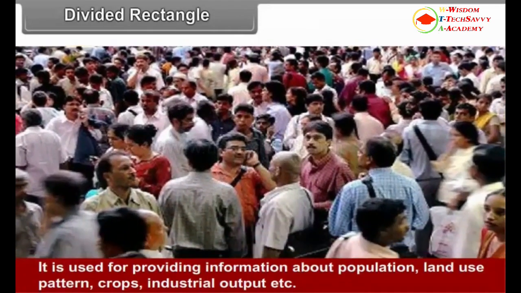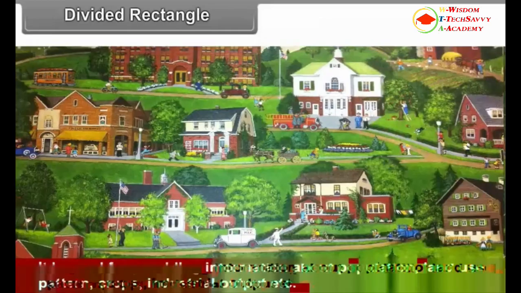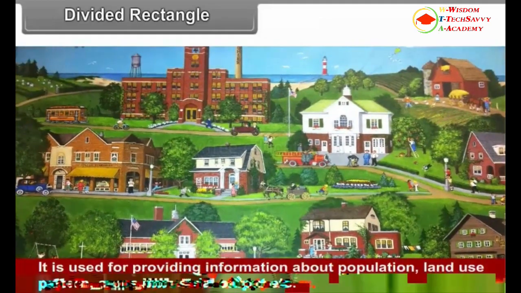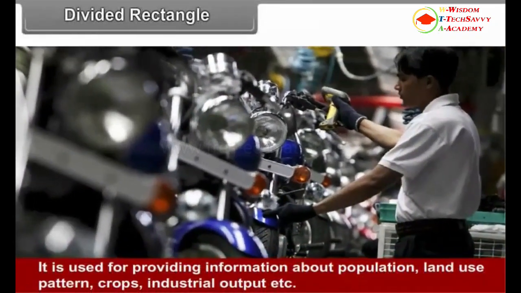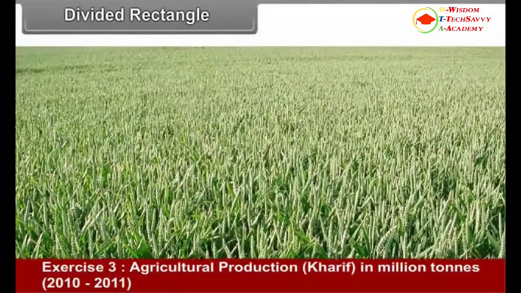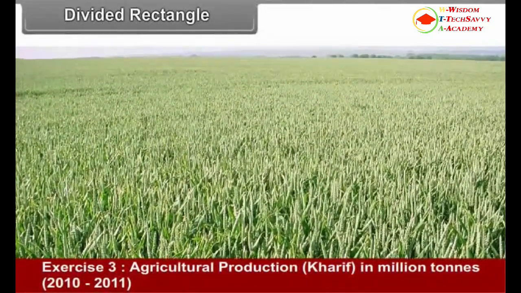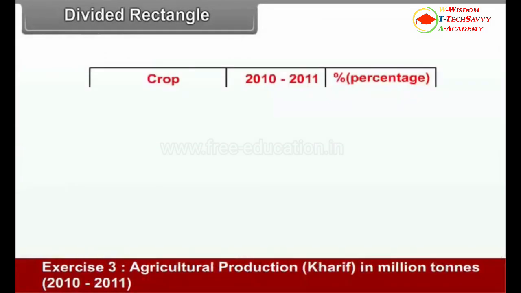It is used for providing information about population, land use pattern, crops, industrial output, etc. Exercise 3. Agricultural production. Kharif in million tons, 2010 to 2011. Crops, 2010 to 2011 in percentage.